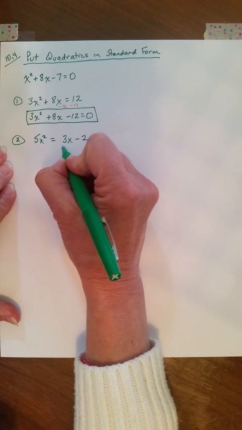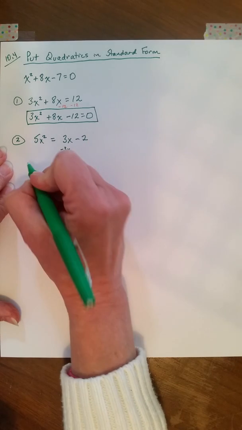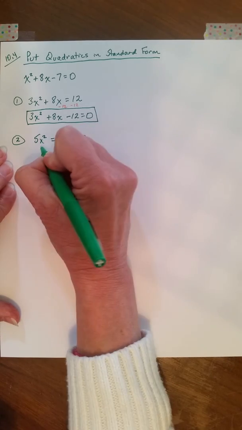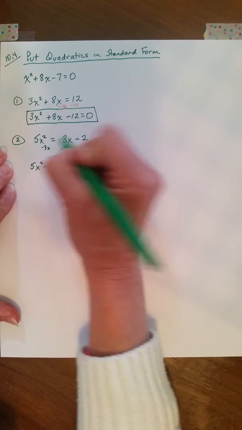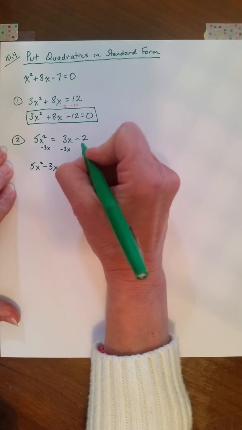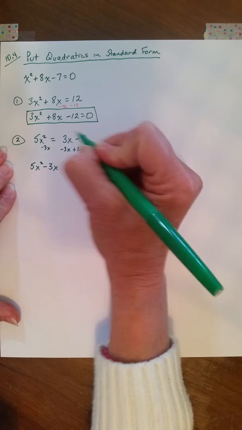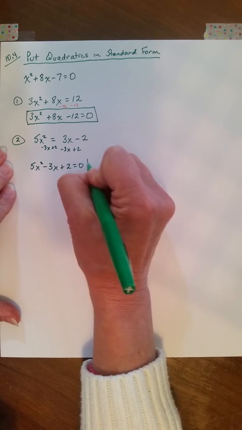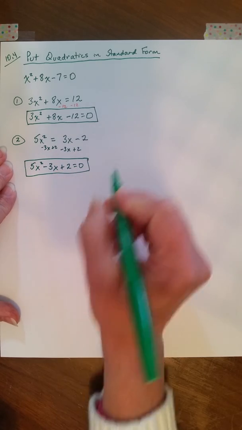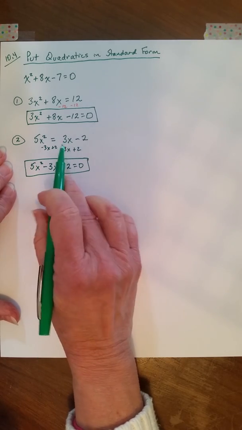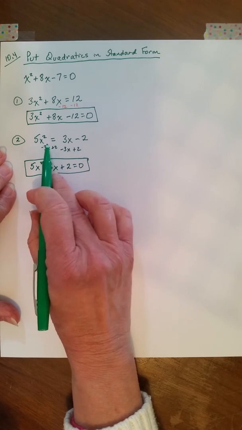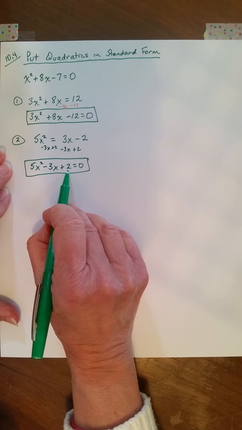I'm going to subtract 3x, so I have 5x squared minus 3x, and then I'm going to add 2 because that's a negative 2, so plus 2 equals 0. That's what that would look like in standard form. The 3 moved to the left and became a negative. The 2 moved to the left and became a positive.